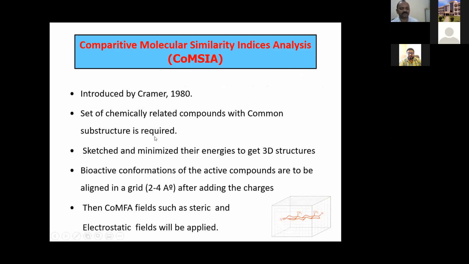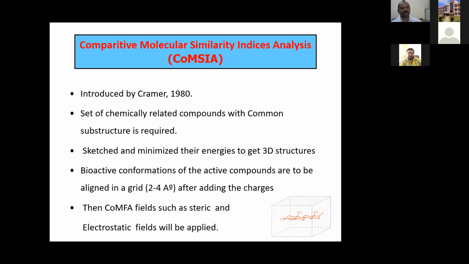He sketched them and minimized their energies to get the three-dimensional structures. What we do is we try to sketch the ligands.